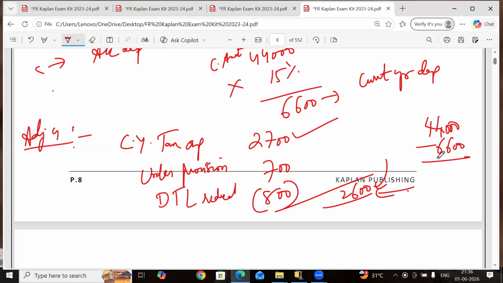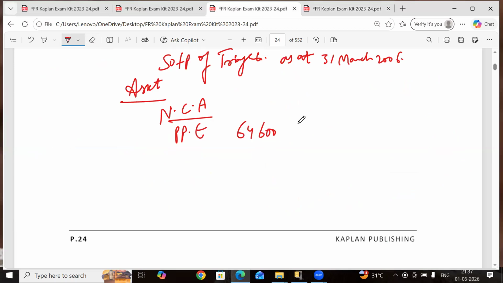Current year's depreciation. $37,400. Total $1,02,000.